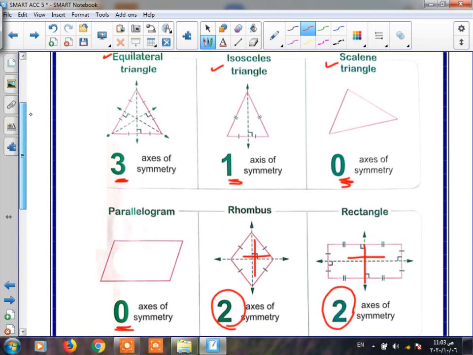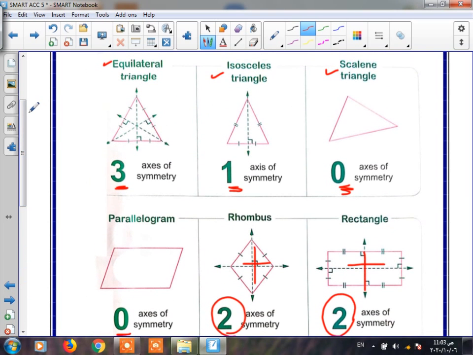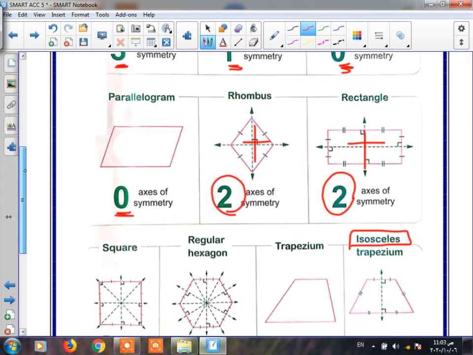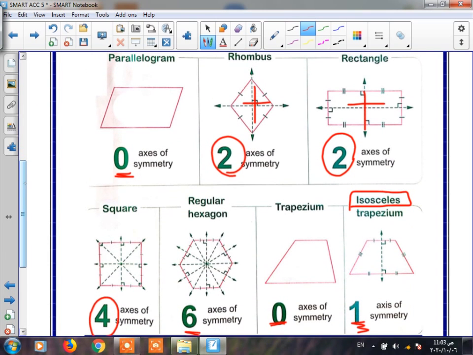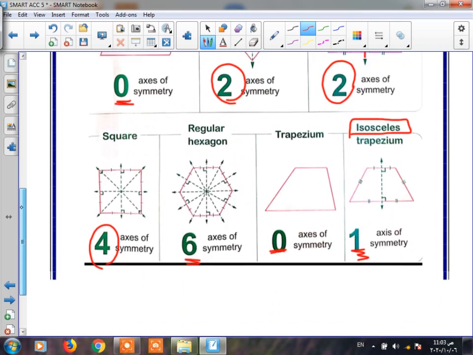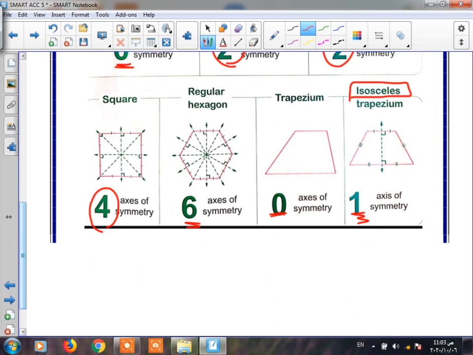Again, here the equilateral triangle 3, isosceles triangle any isosceles 1, scalene triangle 0, parallelogram 0, rhombus 2, rectangle 2, square 4, regular hexagon 6, trapezium 0, and isosceles trapezium 1.